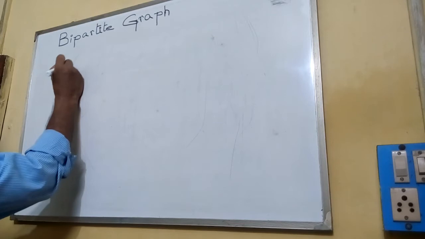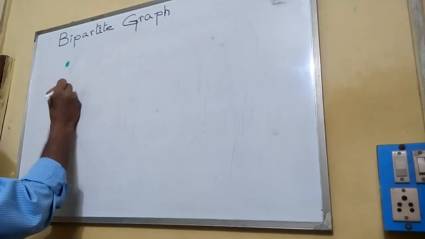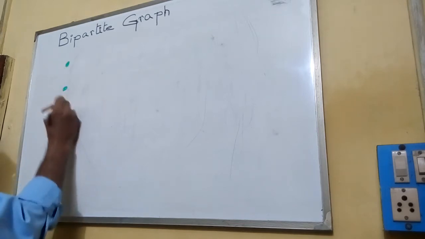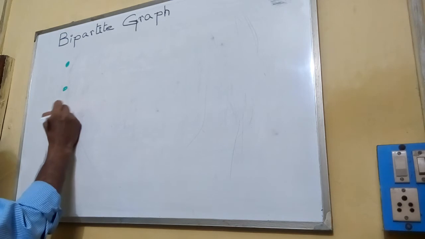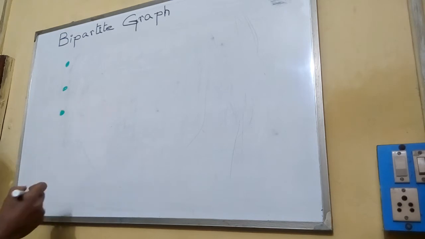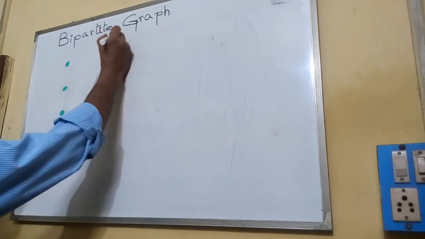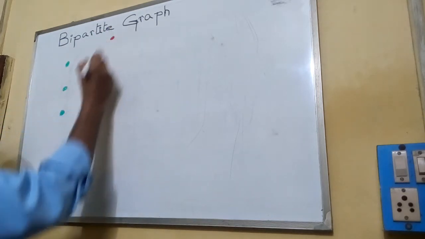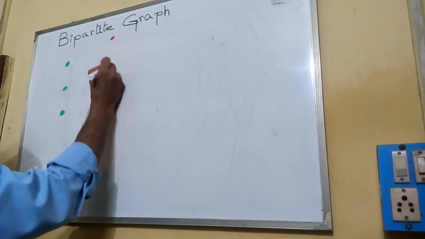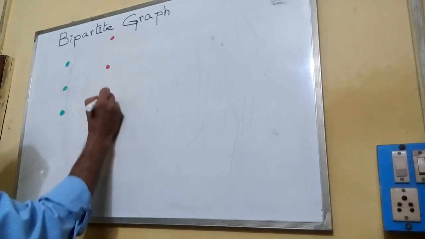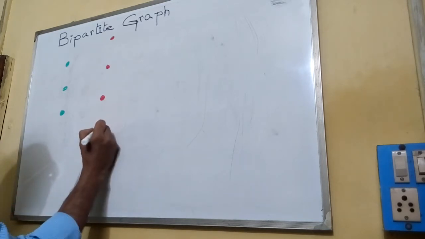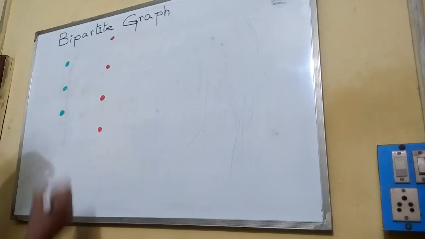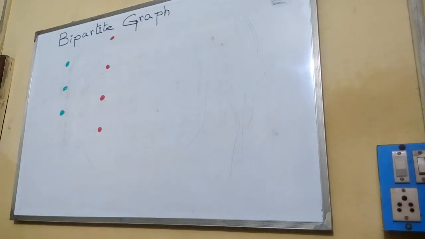Let us assume these are three vertices of a graph, and let us assume these are four vertices. So altogether 7 vertices are there.